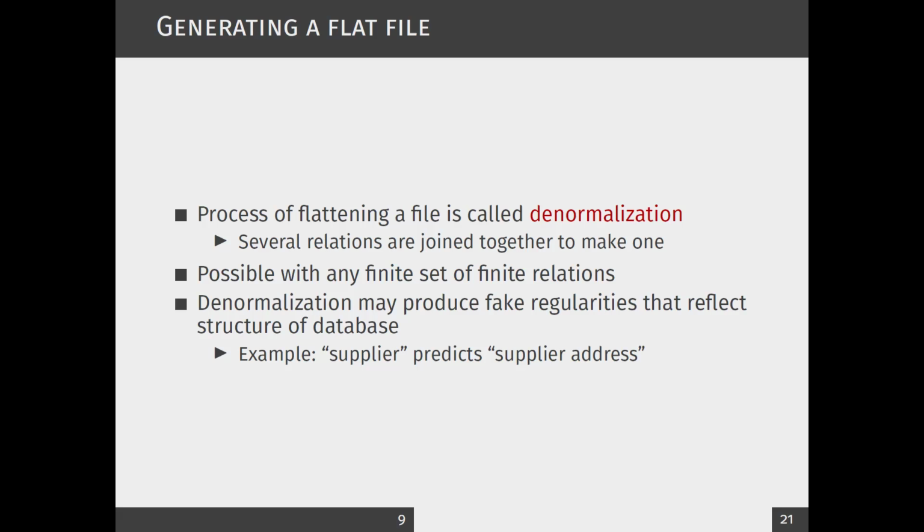But when it comes to analytics, usually one single table is preferred. So when you have separated the data through normalization, you have to merge them, you have to combine them. We call this denormalization. So you put it into one single set, right? Then there might be some issues that you have to face if you do this. So you have to be very careful about fake regularities.